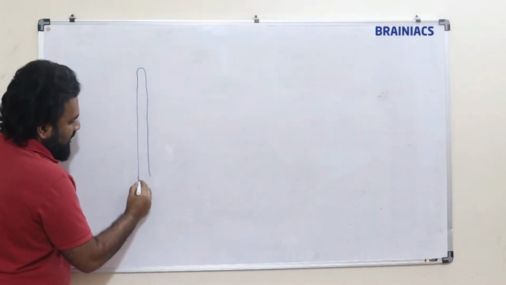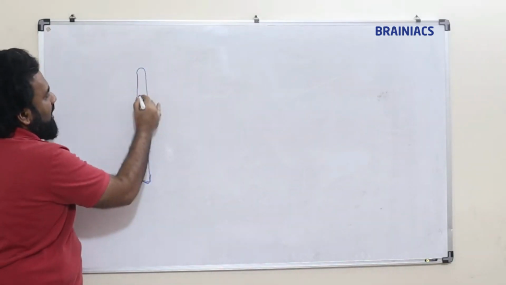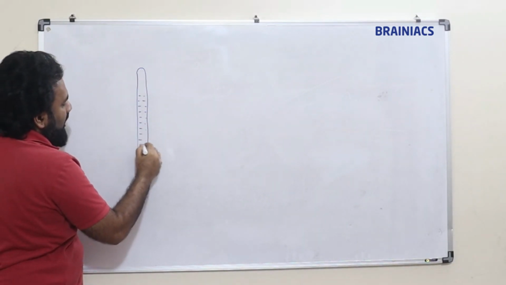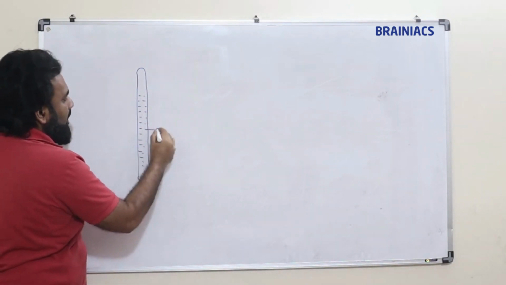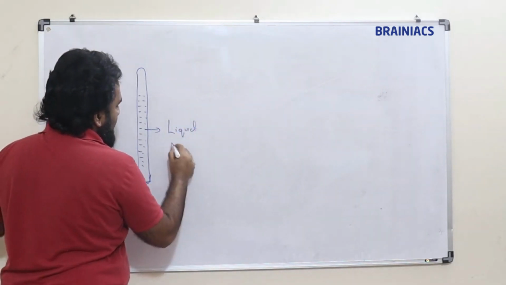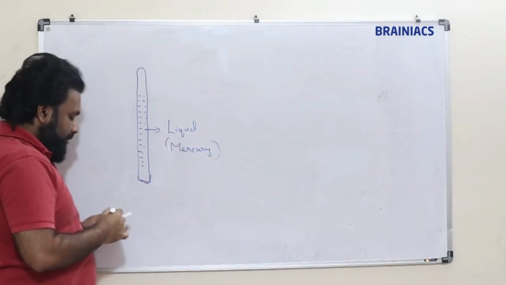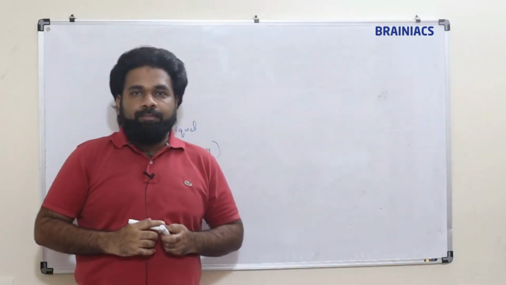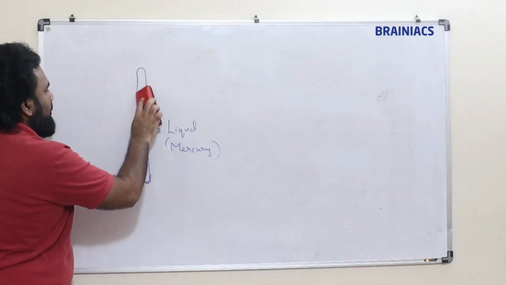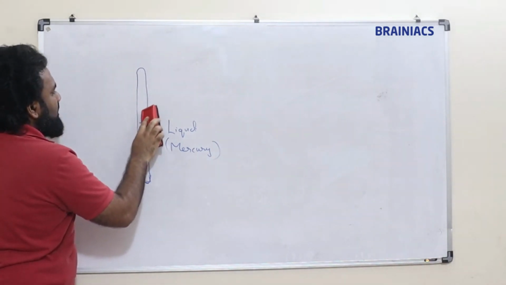Suppose if this is the thermometer, and if this contains some liquid, maybe liquid. Okay, so example, mercury thermometer is also there. Same way, alcoholic thermometer is also there. Suppose this much is the level.